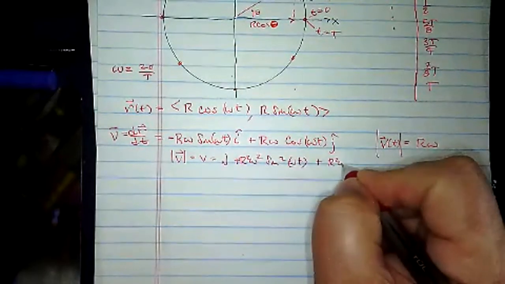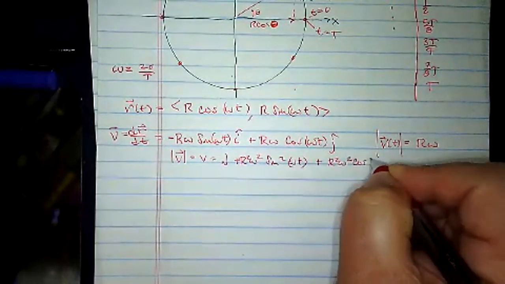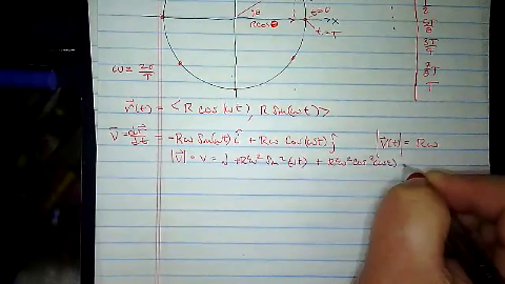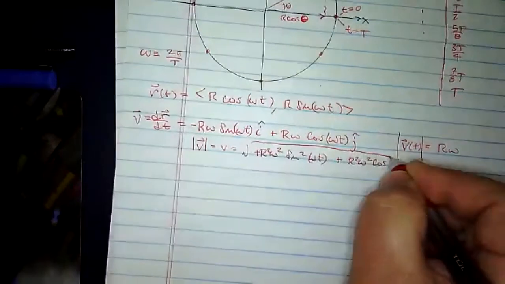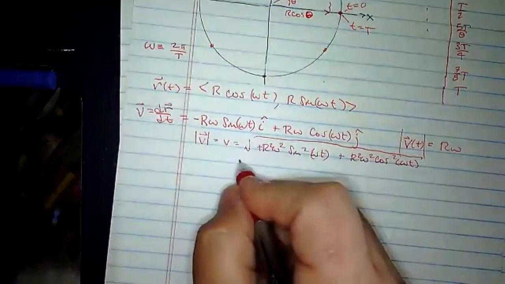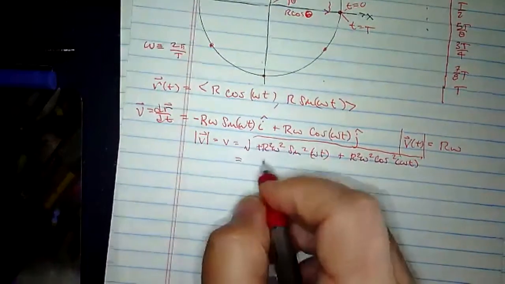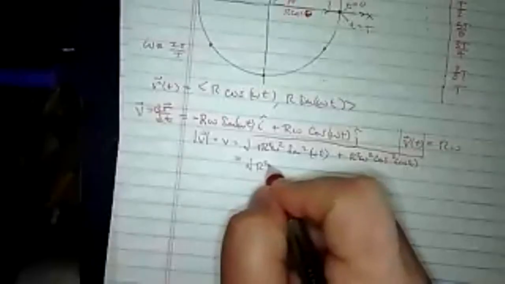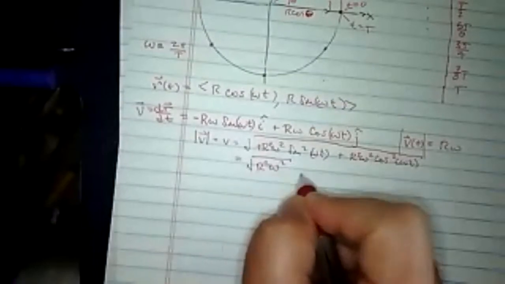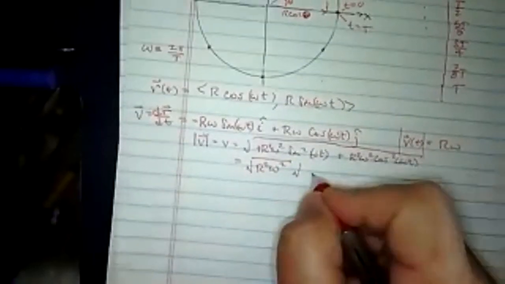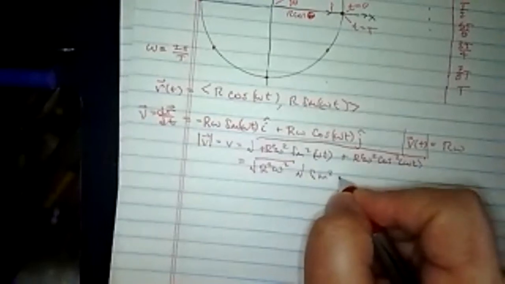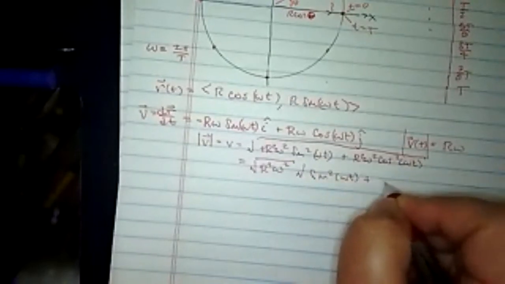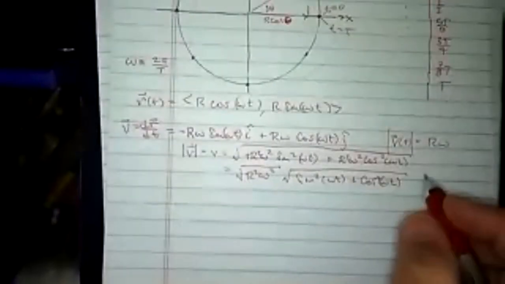It's going to be R squared omega squared cosine squared omega t. Of course, I have to take the whole square root of all that, but first I'm going to factor out a common factor of R squared omega squared. And then I'm going to do sine squared omega t plus cosine squared omega t. Anybody know what the square root of sine squared plus cosine squared is?